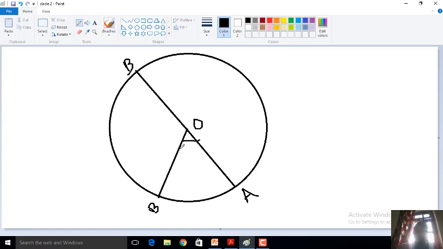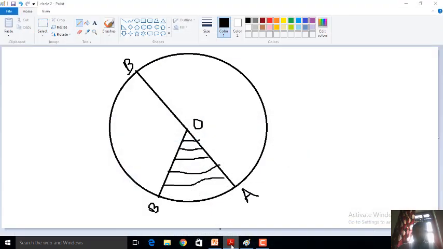So this region is the sector of the circle.